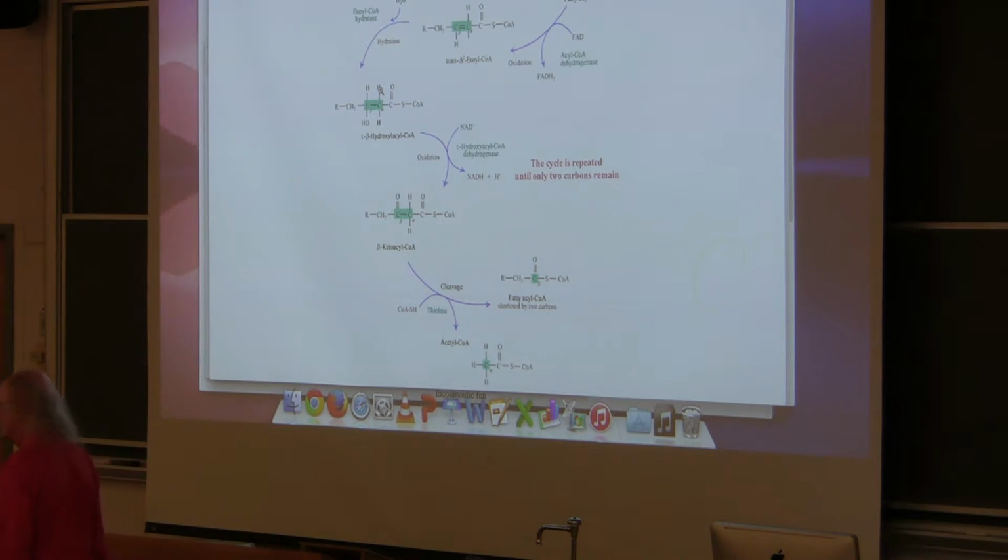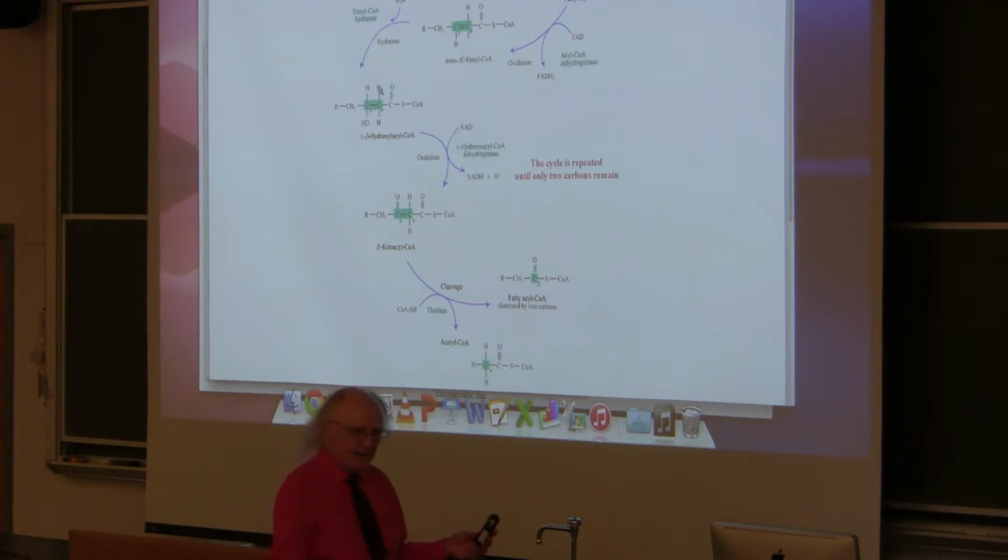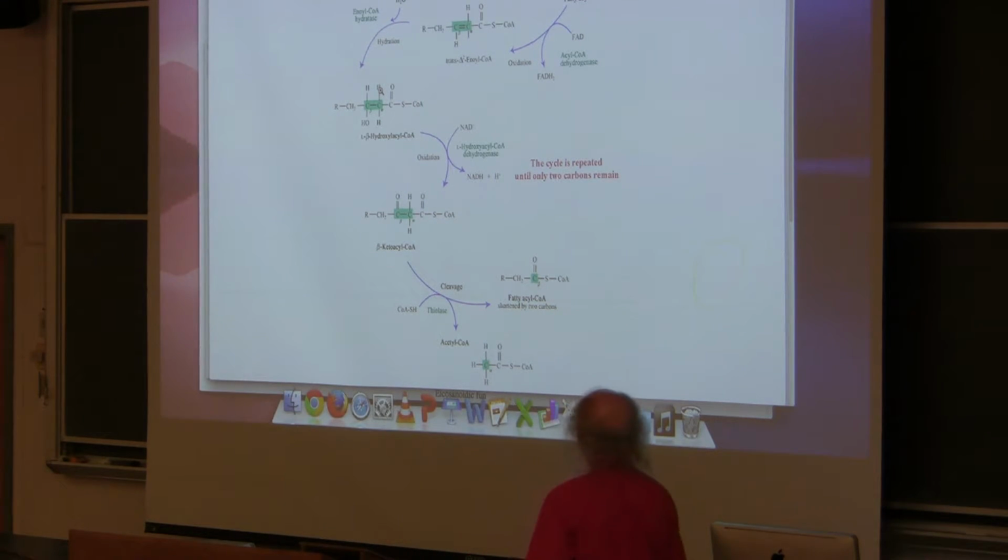That's the reaction that happened after the succinate reaction in the citric acid cycle. That was the reaction that took fumarate to malate. Exact same reaction, exact same thing happened. Okay? Fumarate to malate.